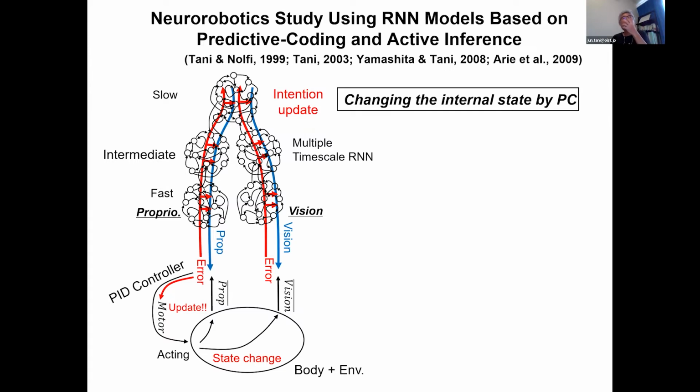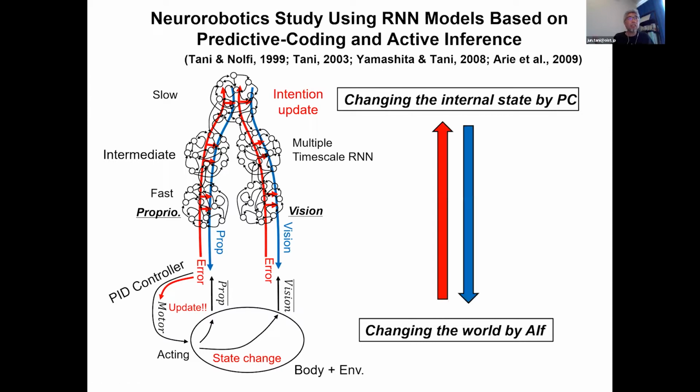The first part is changing the internal state by the bottom-up signal, which is the perception part. The other is changing the world by active inference. So we have a lot of interaction: while I'm acting on the environment, you still see the reality through the inference, and your mind is going to change.